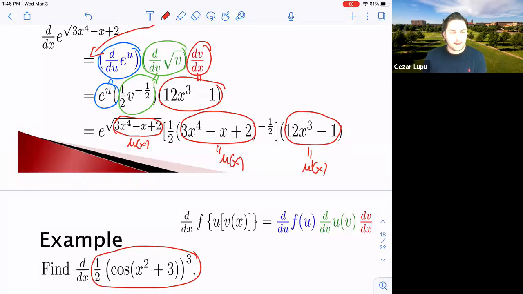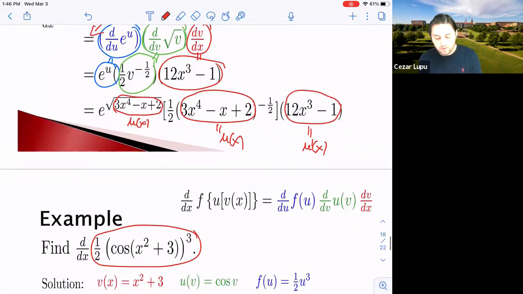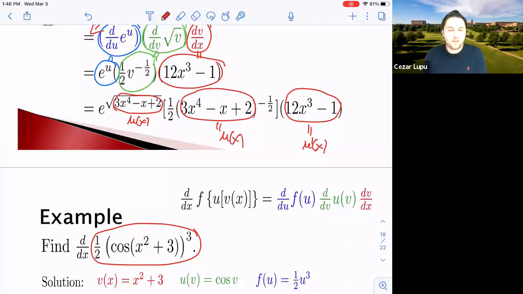You need to identify which one is f of u, which one is u of v, and which one is v of x, right? And in this case, v of x will be the guy inside, so it will be x squared plus 3. U of v will be cosine of v, and f of u will be 1/2 u cubed, right?